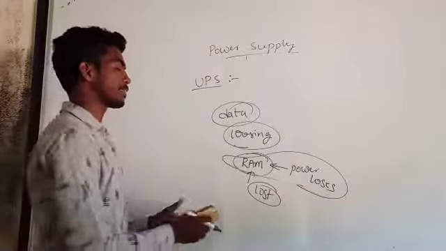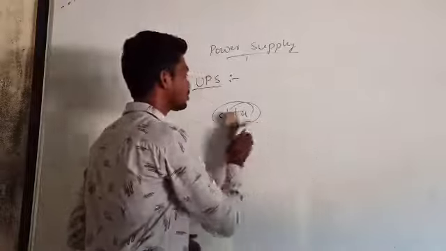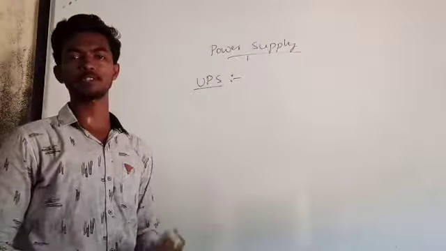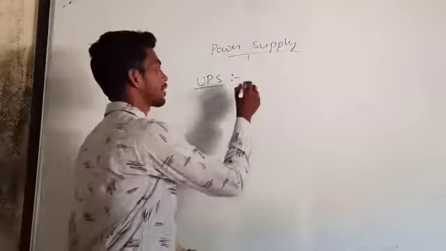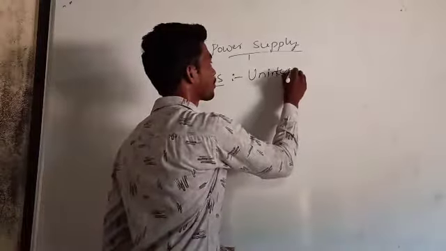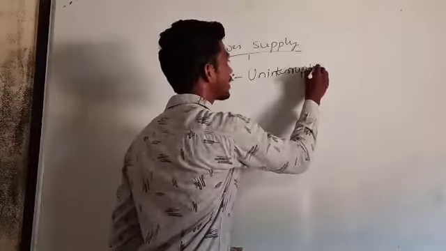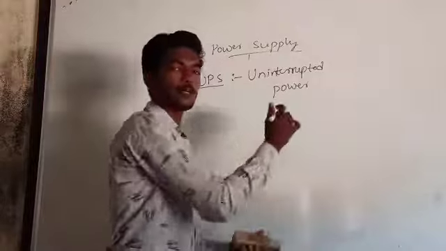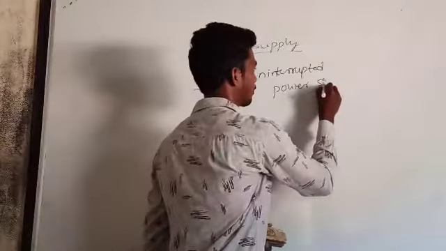So to prevent this type of problem, a computer is provided with a UPS, which is abbreviated as uninterrupted power supply. That is, a continuous power supply, as we used to say.